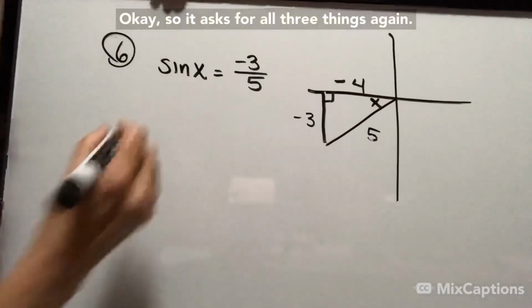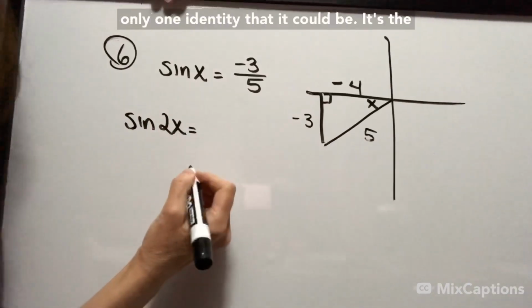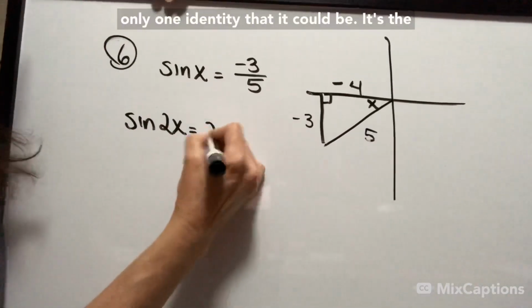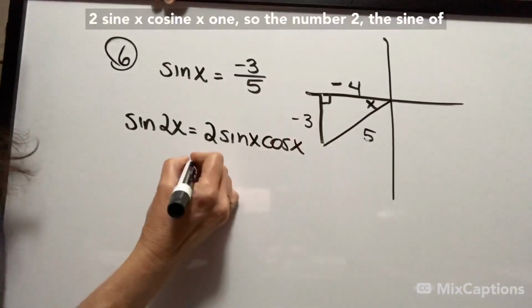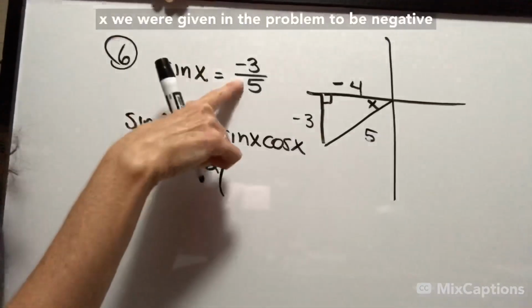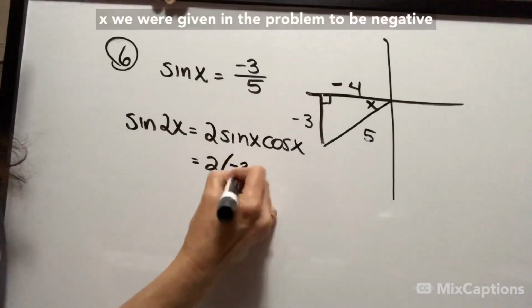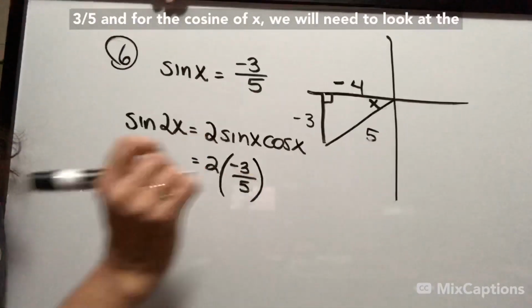Okay, so it asks for all 3 things again, so we're going to find the sine of 2x. There's only one identity that it could be. It's the 2 sine x cosine x one. Okay, so the number 2, the sine of x we were given in the problem to be -3/5. And the cosine of x, we'll need to look at the triangle for.